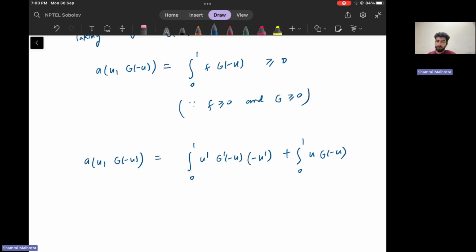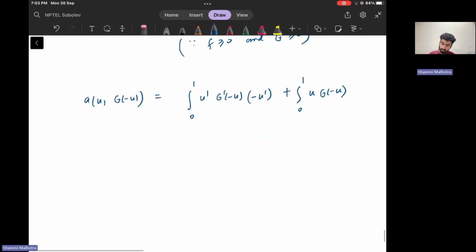And finally, we have this boundary term as well, so it's like plus u(1) minus u(0) and then v(1) minus v(0), but v(1) is nothing but G of minus u(1) minus G of minus u(0).